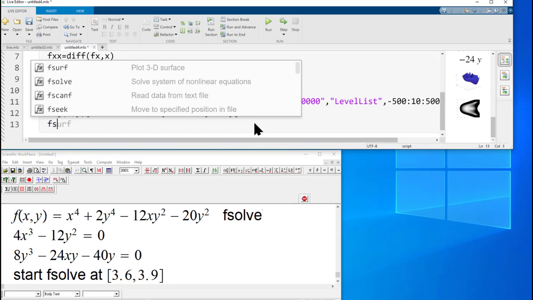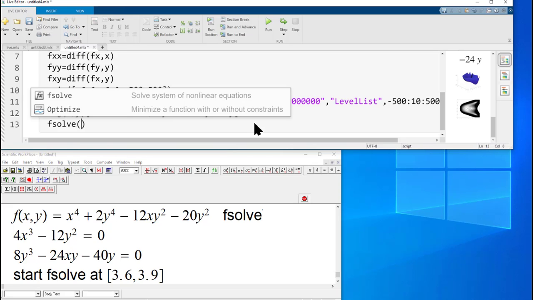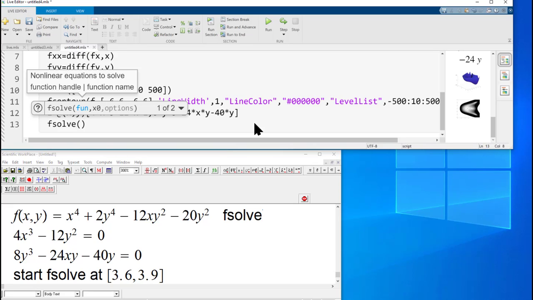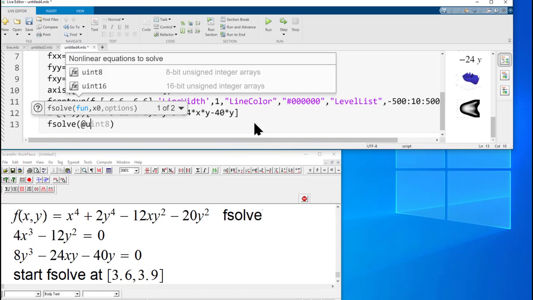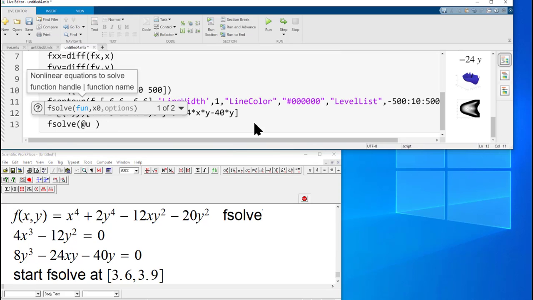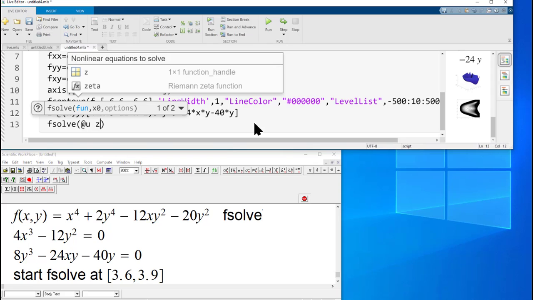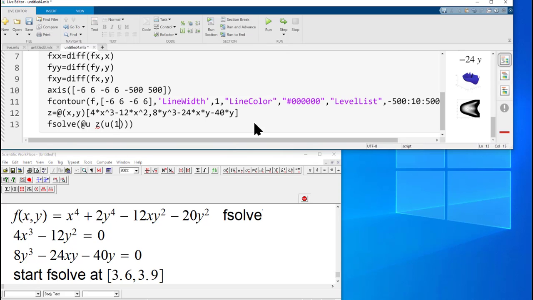Now for fsolve, we are going to define a second anonymous function. What we want is to combine x and y into a single two-dimensional function argument. So the way we do that is we create another variable u, and then we already have our z defined.